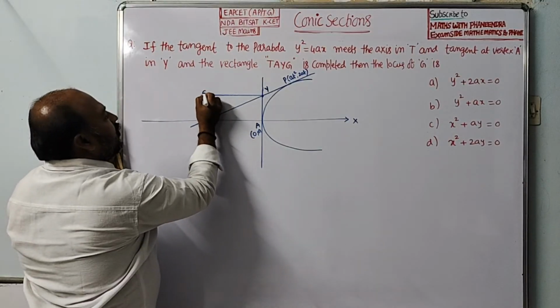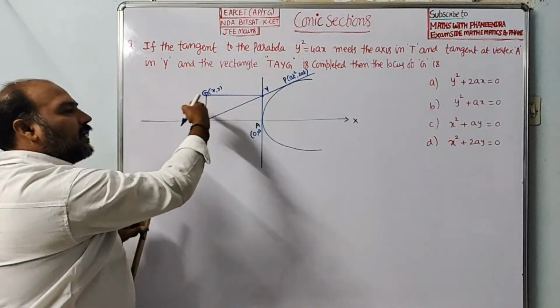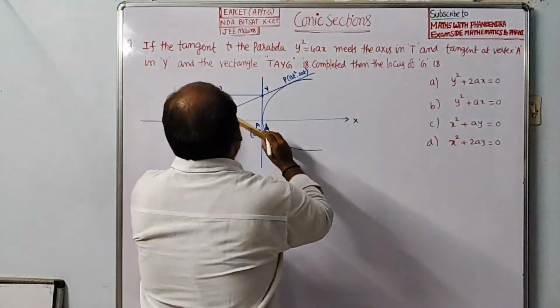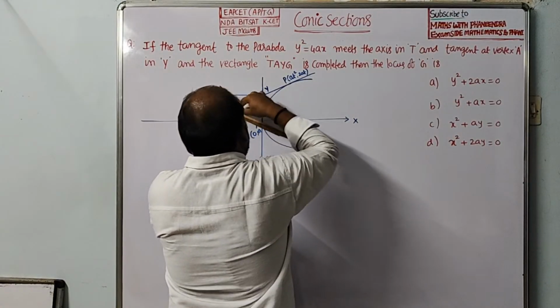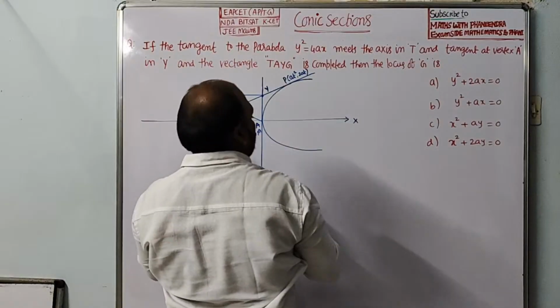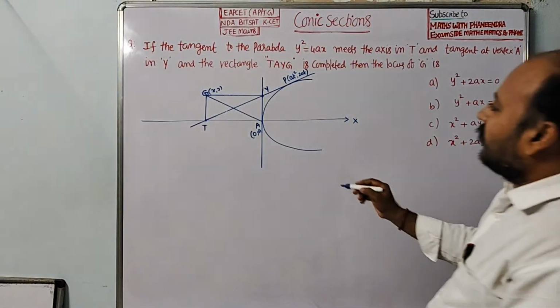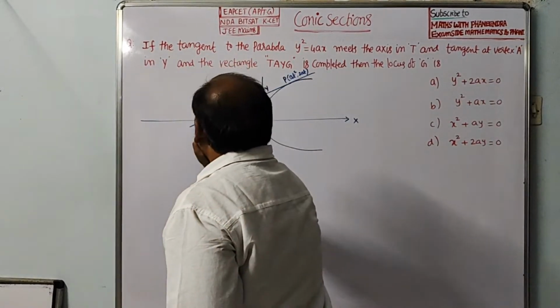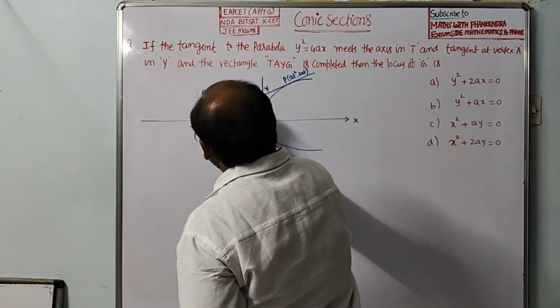So here you have to assume the point G as (x, y). Is it a rectangle or not? Absolutely. So diagonals you have to draw in that. This is a tangent equation.